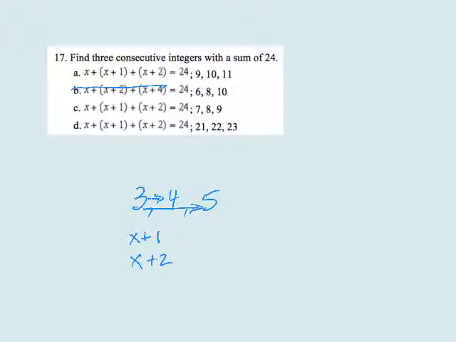Now, what's nice about this is that you've got to get a sum of 24. And you don't have to do the equation if you're smart about it. Just do 9 plus 11, you get 20, plus 10 more is 30, that one's out.